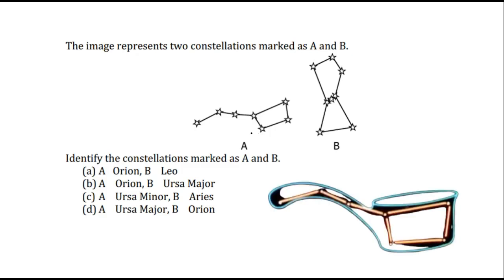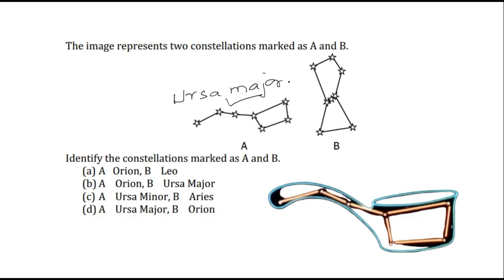And what is a dipper? It's a kind of container where you can dip into water, let's say, and collect water and drink. Right? So this is a Big Dipper, or we can call this Ursa Major. So it's Ursa Major.